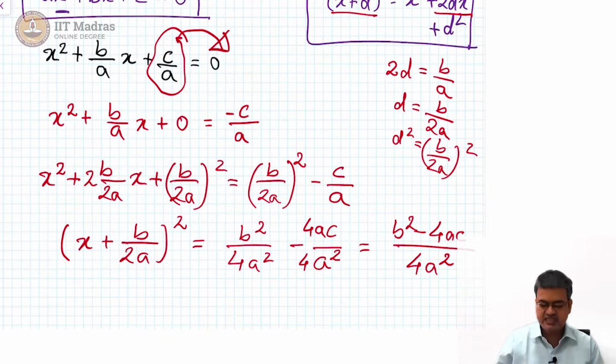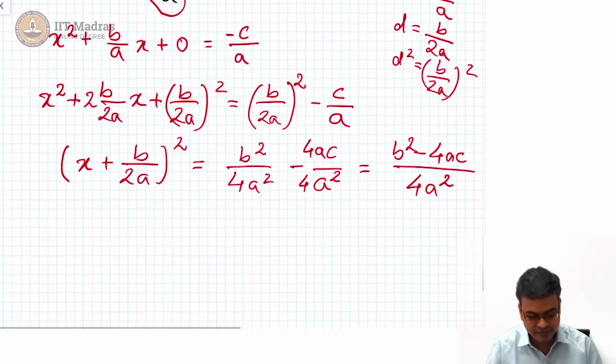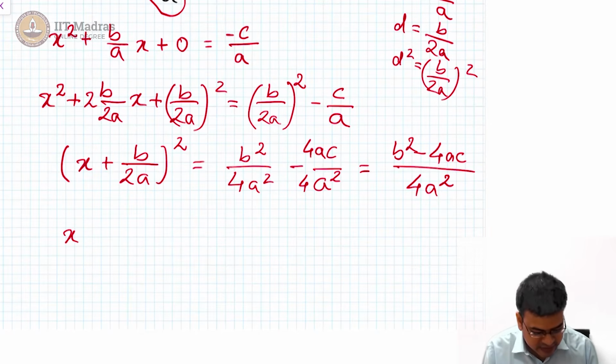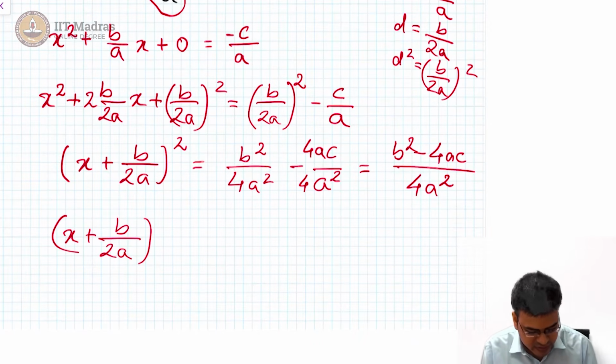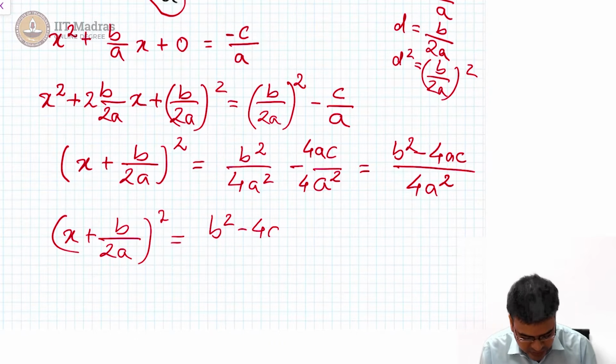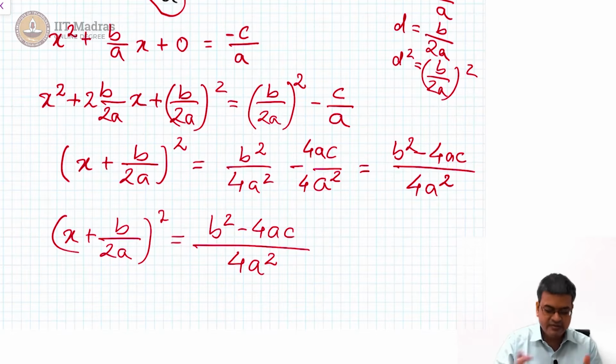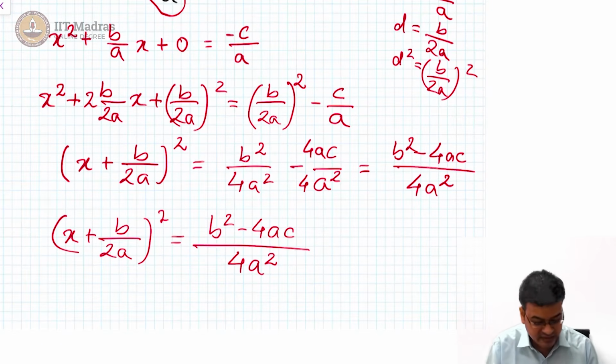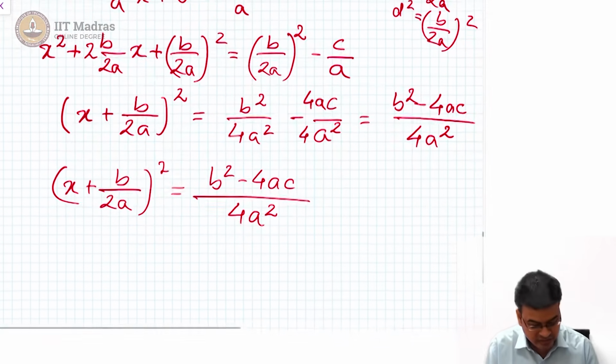This is the essence of the method of completing the square as well as the quadratic formula. What I got here is (x plus b by 2a) the whole square is equal to b square minus 4ac upon 4a square. Can I simplify this further? Yes, I can. We have already seen how to simplify this.